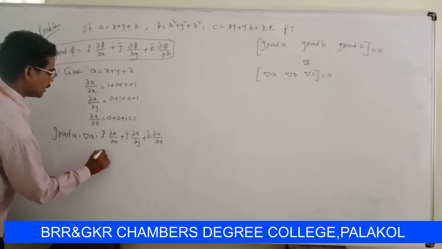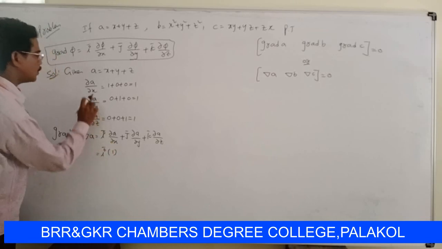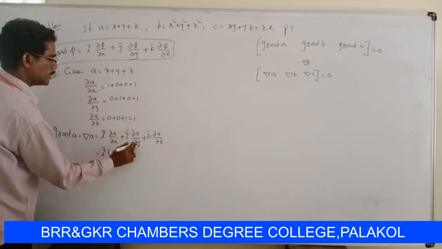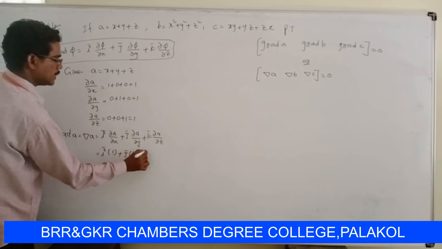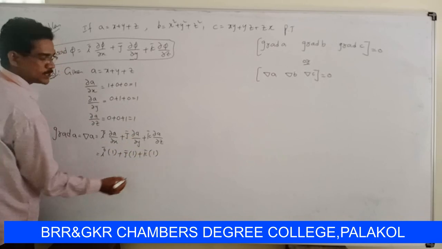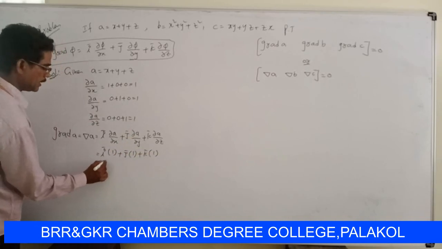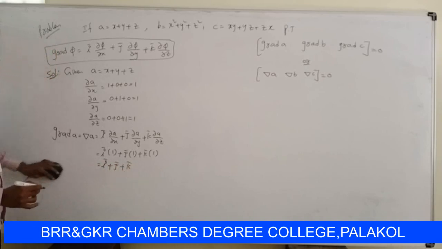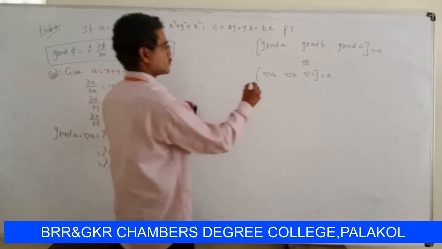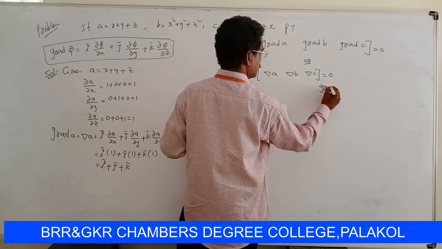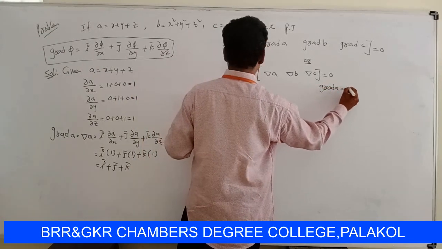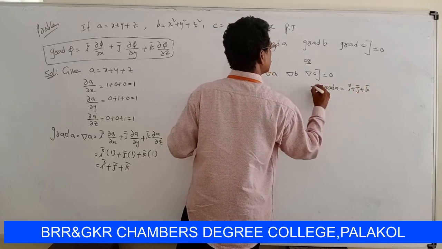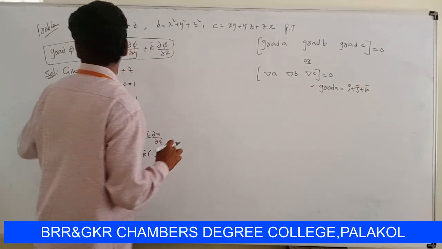That means i into dou a by dou x means 1, plus j into dou a by dou y 1, plus k into dou a by dou z means 1. So finally i plus j plus k. This is the value of del a or grad a. So grad a is equal to i plus j plus k. This is the first value.